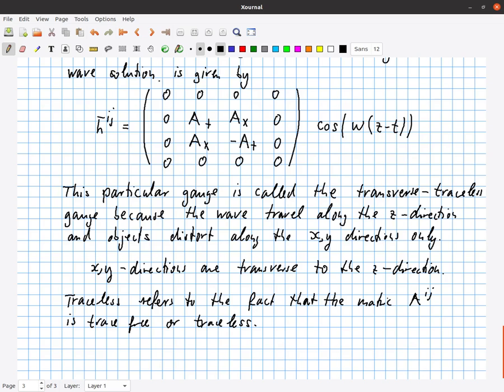You see this simply by adding up the diagonal components. You have 0, A plus, minus A plus, 0. Hence it is trace-free.